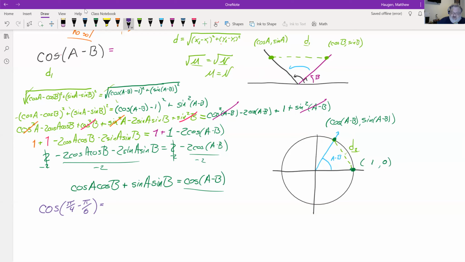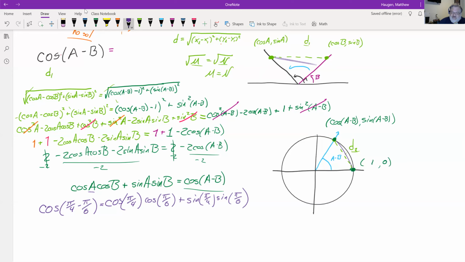Well, we can turn this into the cosine of the first one, pi over 4, times the cosine of the second one, pi over 6, plus the sine of pi over 4 times the sine of pi over 6. Those two expressions are equal, because the length of that bar was equal in both cases.